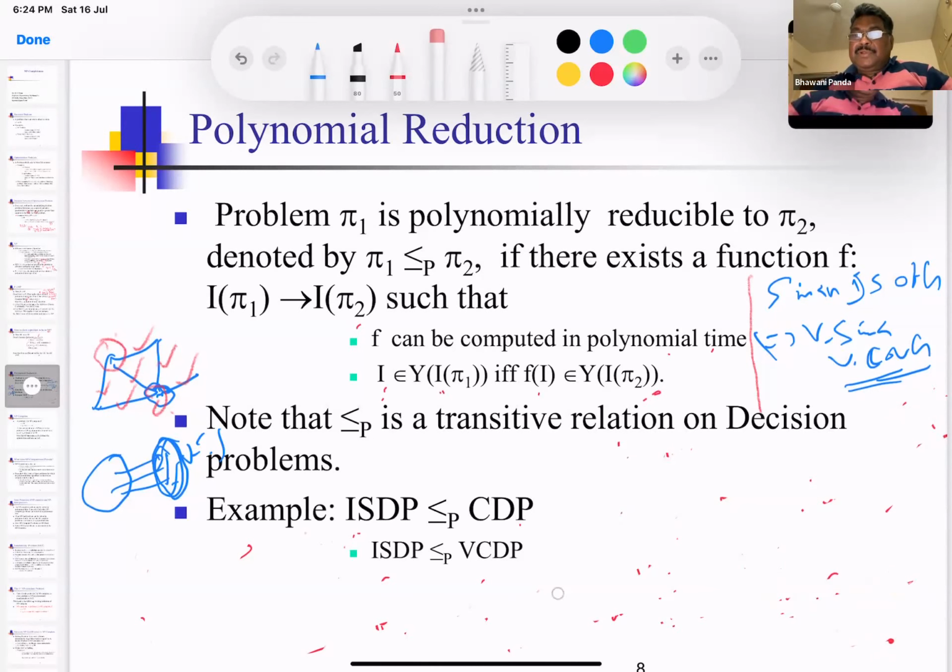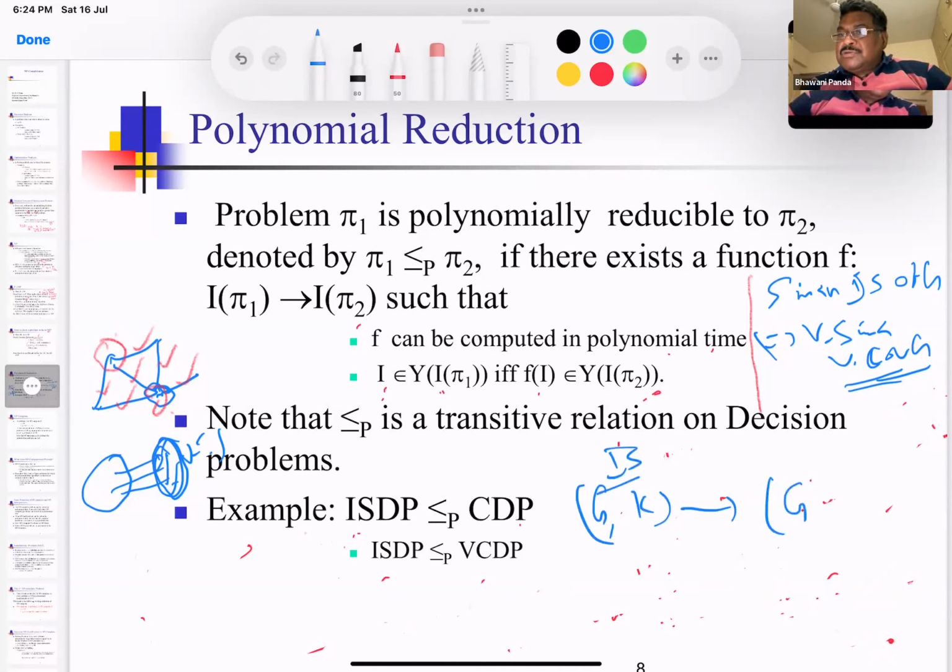Yeah. So for example, S is an independent set of G if and only if V minus S is a vertex cover of G. So given G and K, this is an independent set problem instance.